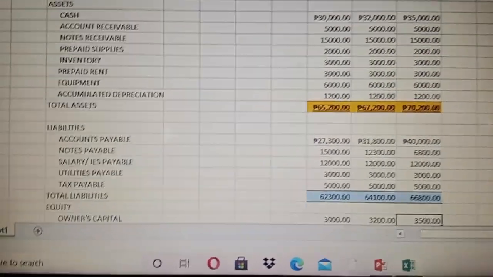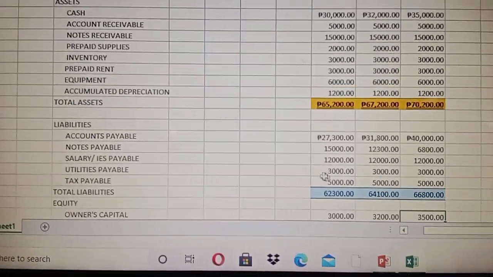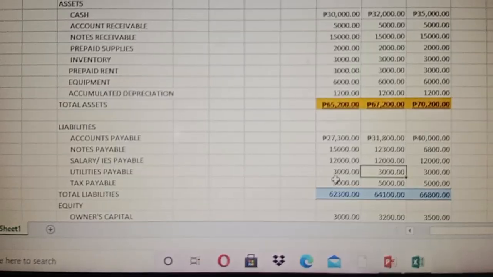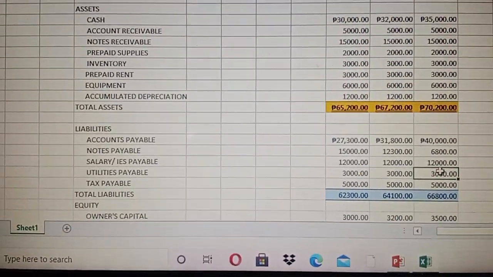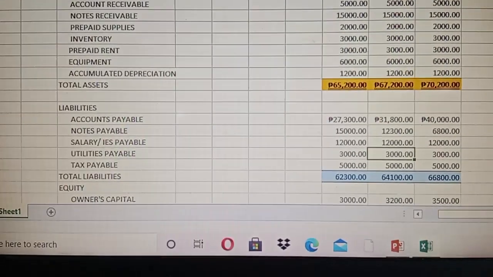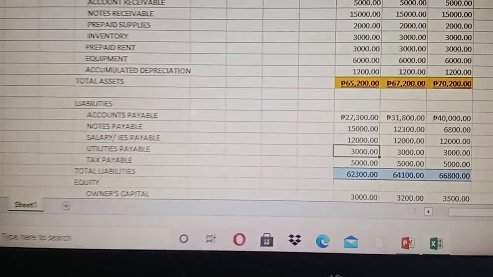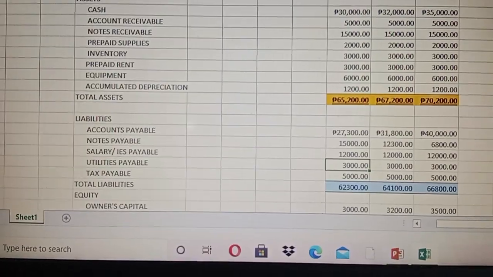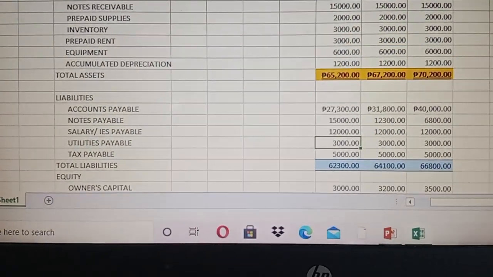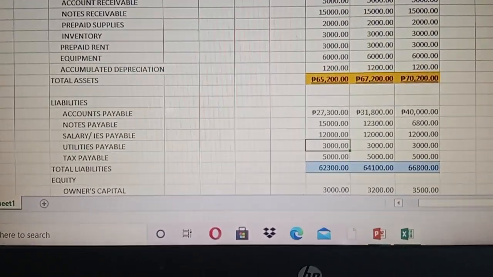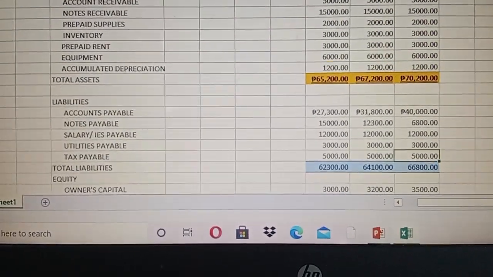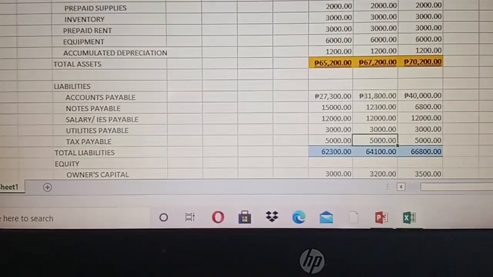Okay, then of course utilities are estimated at 3,000. Even though this is somewhat flexible, for illustration purposes, this can increase, or it can also be maintained, depending on the control, specifically of the water consumed by the business or the electricity consumed by the operations. Then this one can be consistent, but obviously this one is supposed not to be consistent.